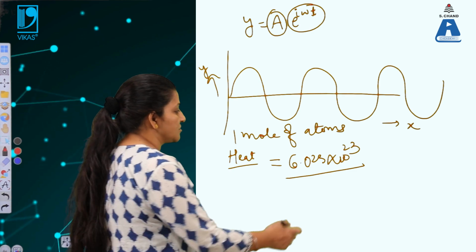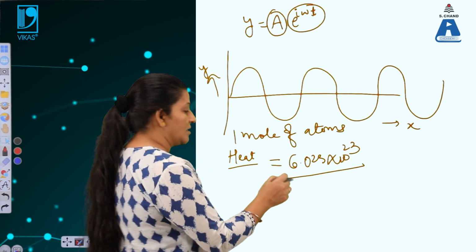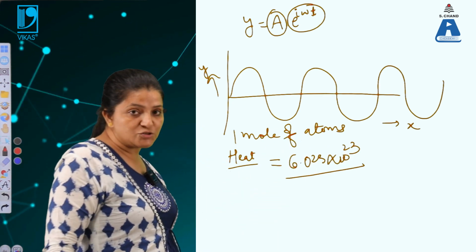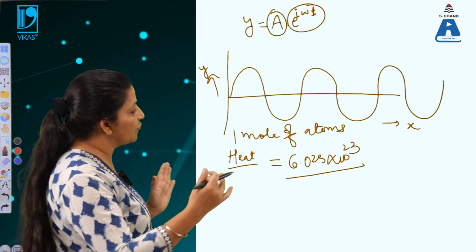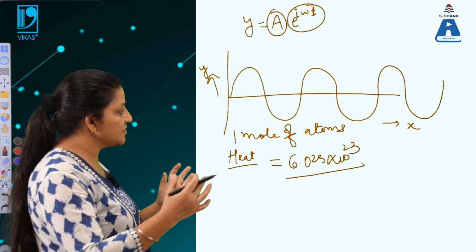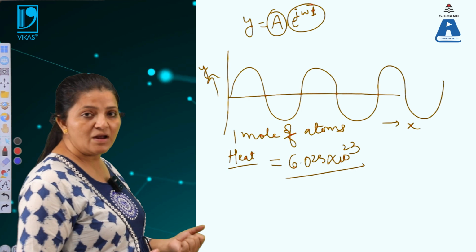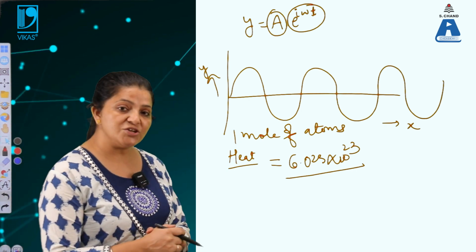In our system we have a number of atoms, and these will be the number of waves associated with each and every atom. So for the whole system, a large number of waves are associated with the given crystal or 1 mole of atoms. Now we want to calculate the velocity of each atom.